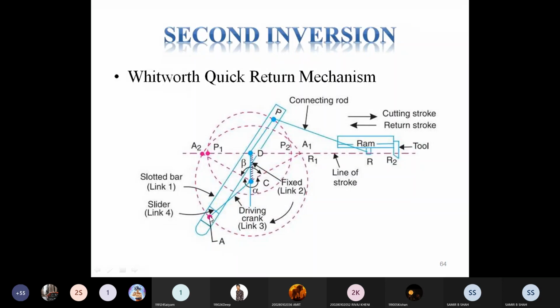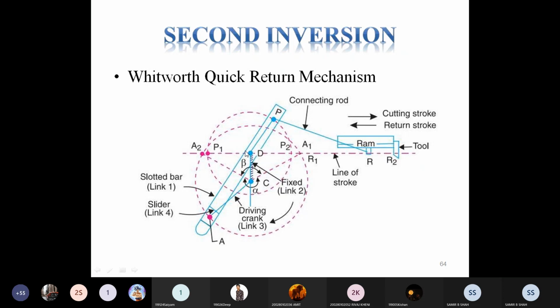When this point revolves in its own axis, at that time the slider slides along the slotted bar, or along link 1.